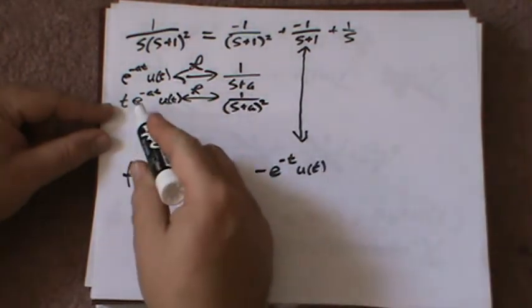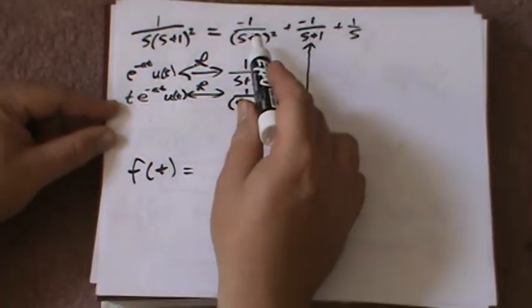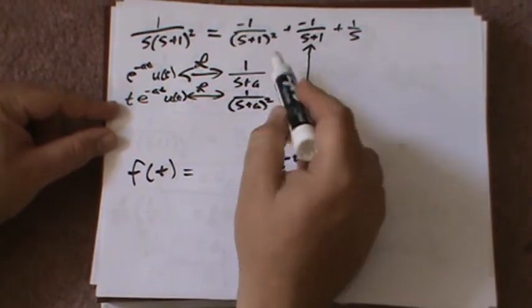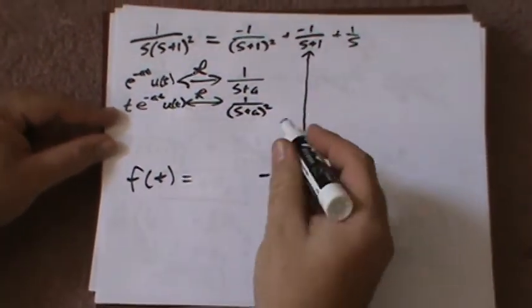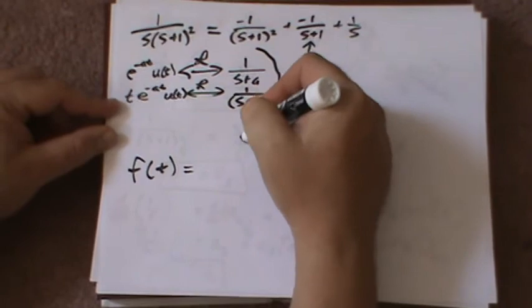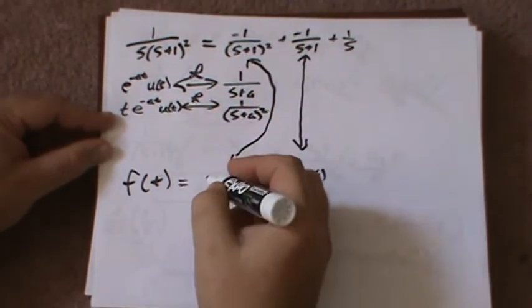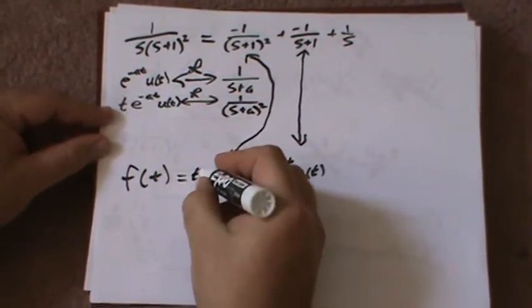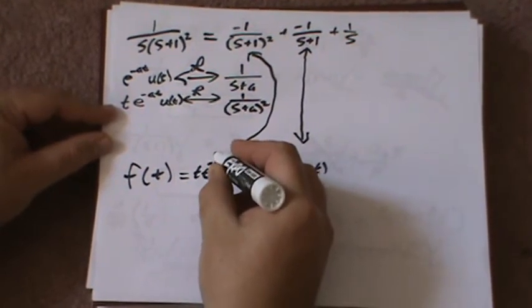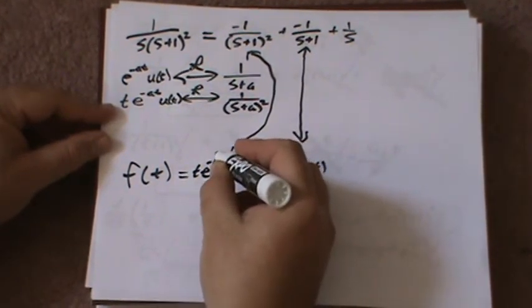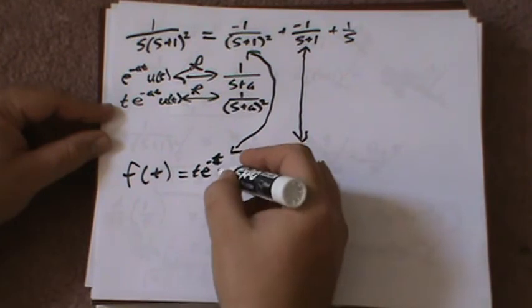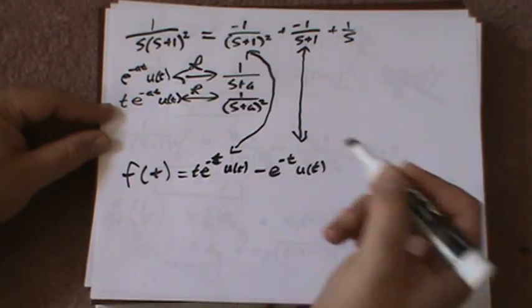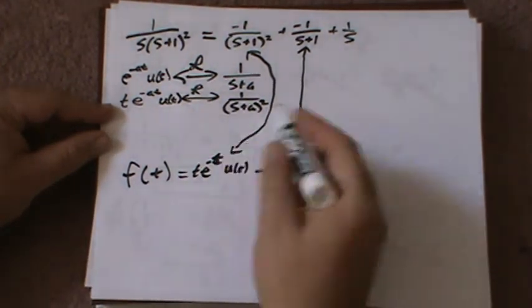But in any case, by looking at this one, we again have a equals 1. So we can just take this first term and bring it down, and we get t e to the minus a t, and a is 1, so e to the minus t times u of t. So that gives us our first one.